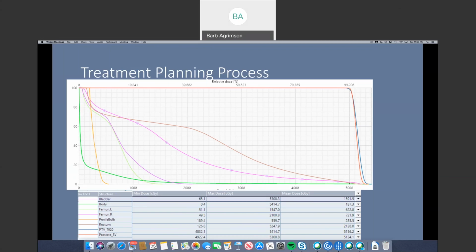So there's no way to avoid that, and if we tried to reserve their dose to less than 50 gray, then we would be underdosing our target. So there's the challenge in finding the right balance, how much compromise you have to give. And that also becomes the call of the radiation oncologist as well.